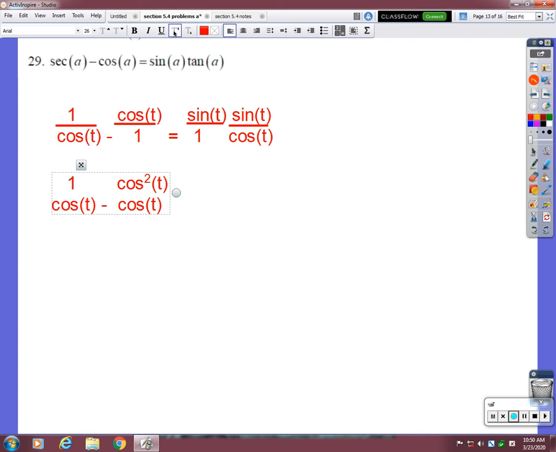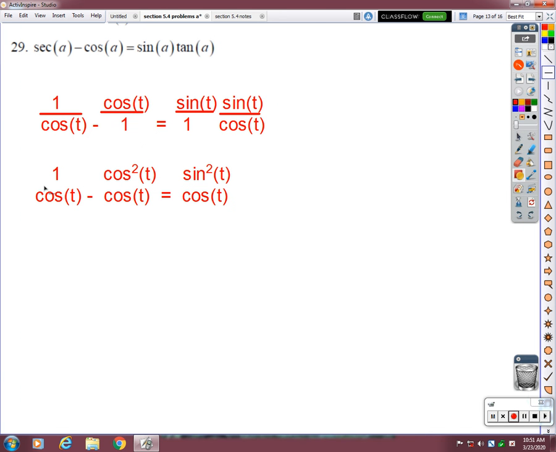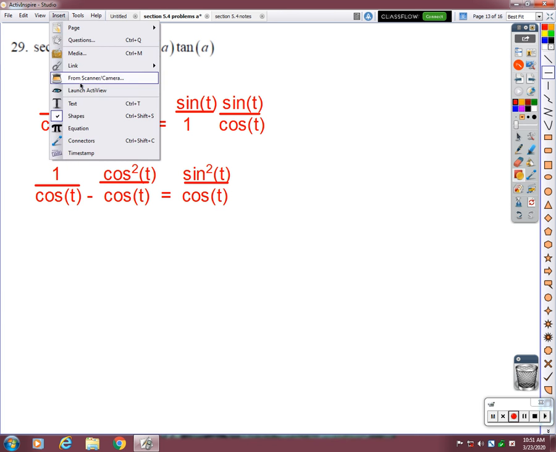And then for the fraction here on the right, I'm going to say sine times sine is sine squared, and 1 times cosine is cosine. Alright, so let's fraction these bad boys up. This is a fraction, this is a fraction, and that's a fraction.